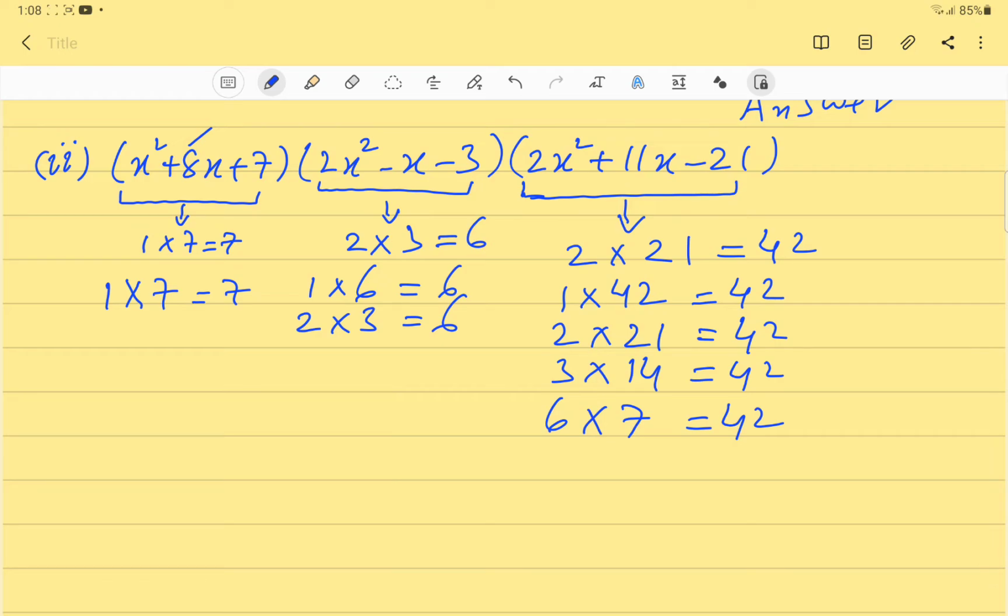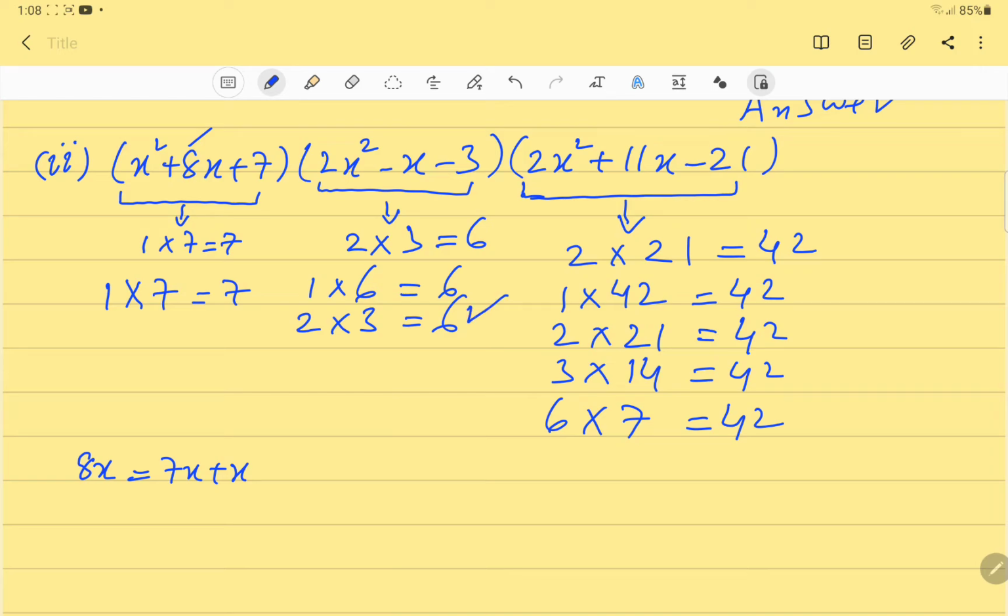So we can write, instead of 8x, 7x plus x. Then we go to our second bracket. Here we have to choose the pair of factors which will give us -1 if we subtract or add those two.